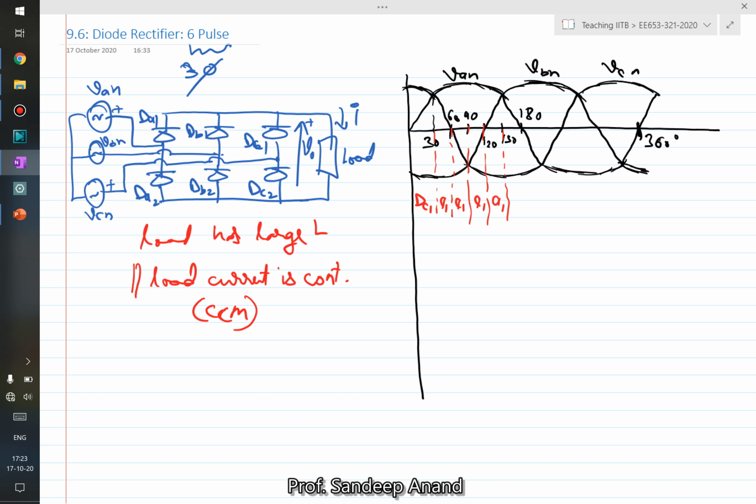So all of these would be A1s, and then again at this stage it would be B1, right? So this is roughly the top diodes.